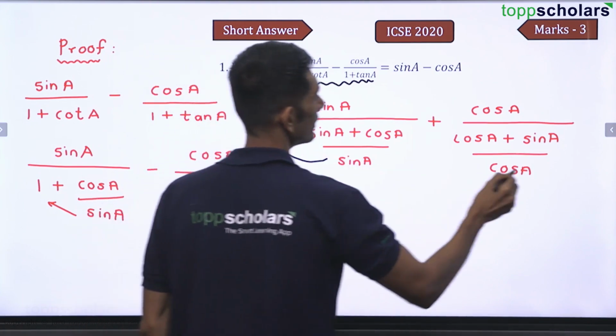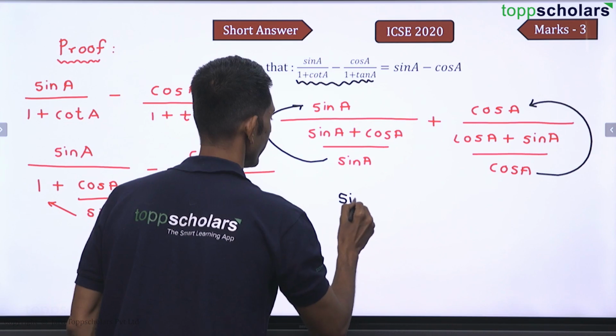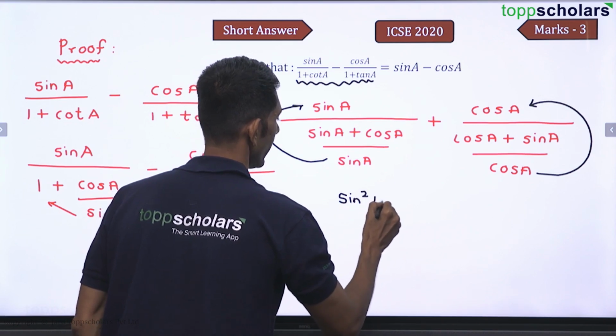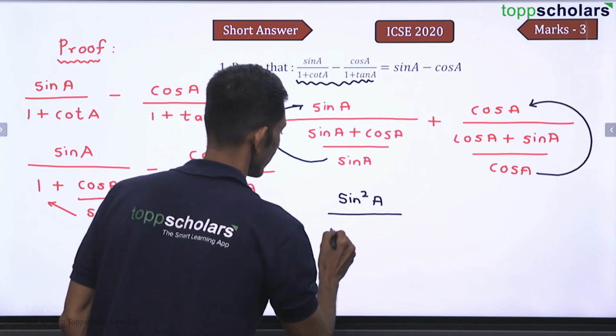This goes up, this goes up, this gives you sin square a by sin a plus cos a.